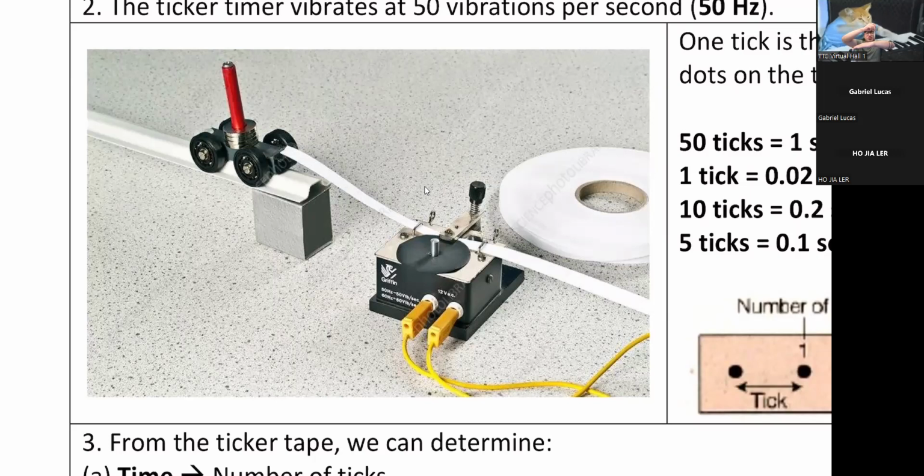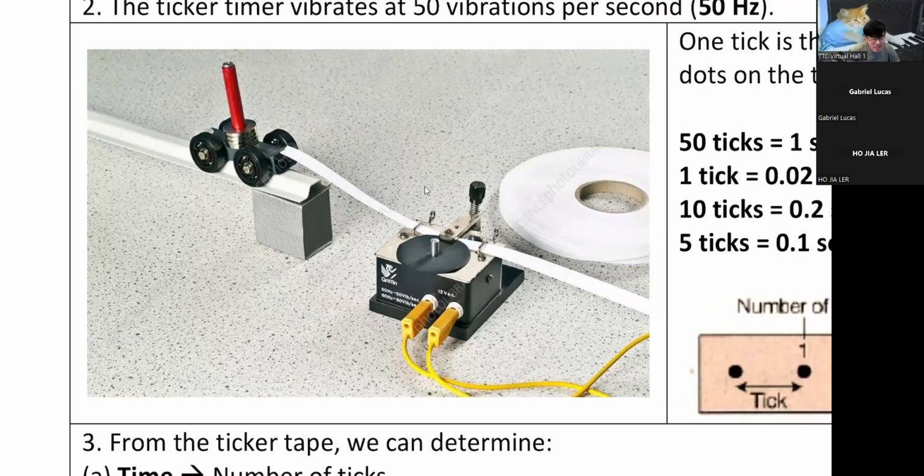Can you see the dots are very close? And if I drive fast, can you see the dots are really far apart? So if I pull this quick, my dots will be very far. If I pull this slow, my dots will be very close. You guys understand what I'm trying to say here?